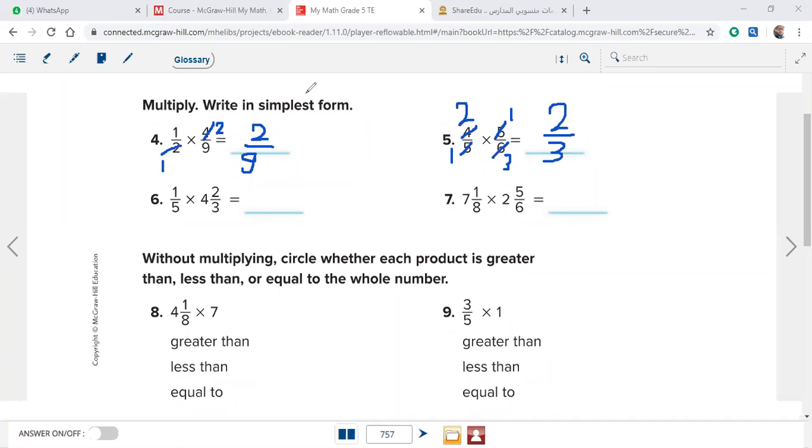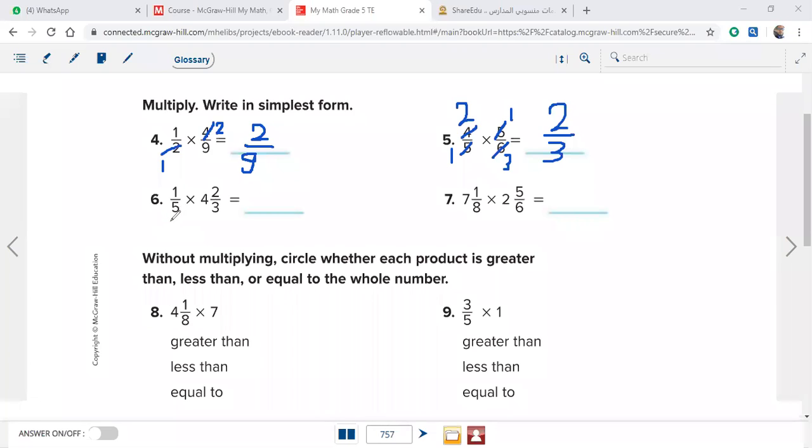Okay, number 6. 1 out of 5 times by 4 and 2 out of 3. Okay, the first is a fraction, and the second one is a mixed number. Okay, no problem with the fraction, but I have a mixed number. Write the mixed number as an improper fraction.